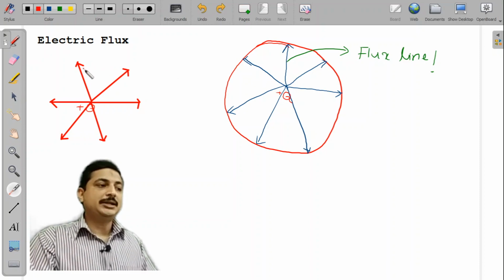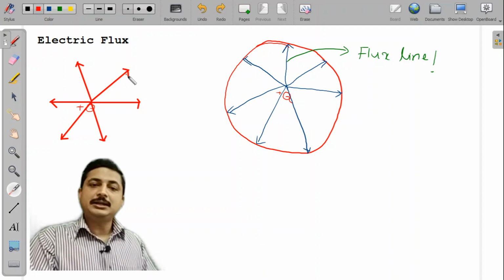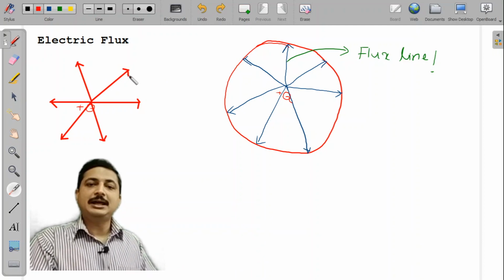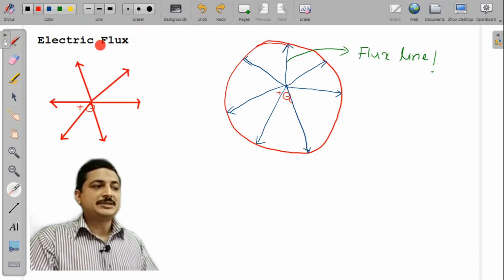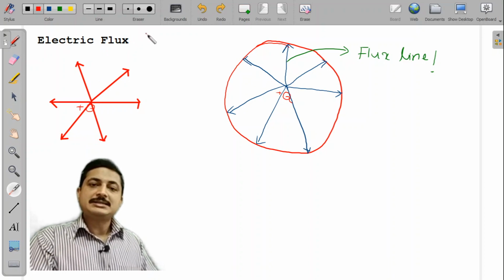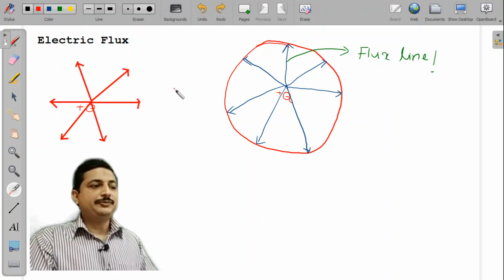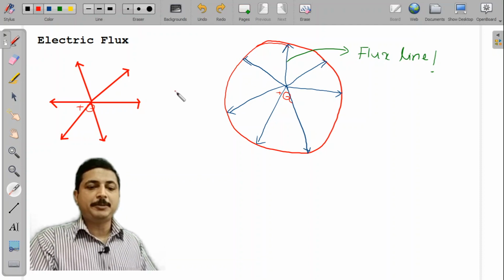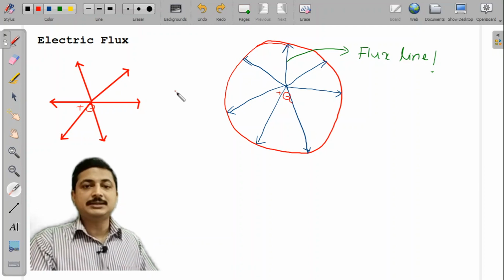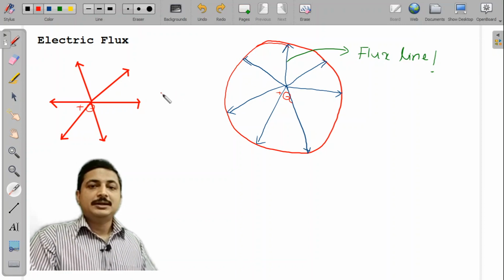So according to Faraday's explanation, electric flux lines are scalar, or the electric field represented by these flux lines is scalar in nature. Now if it is scalar in nature, if it doesn't depend upon direction, he had to explain further why it does not have a particular direction.